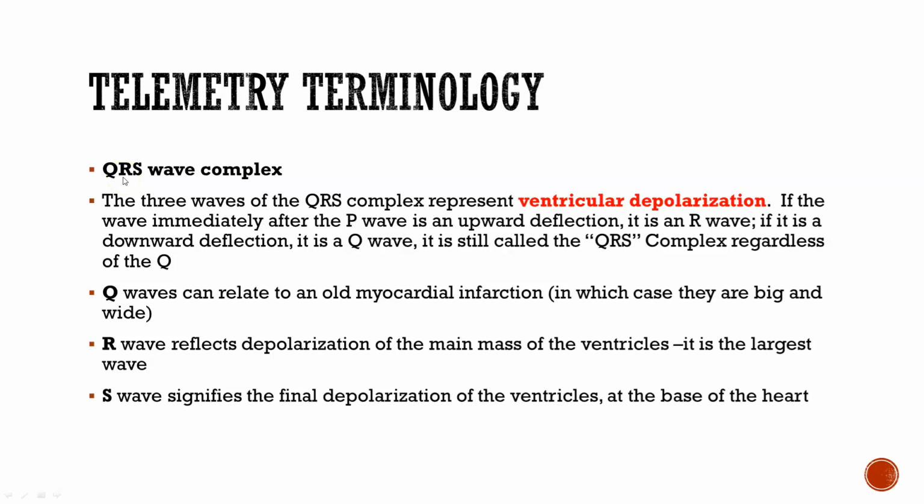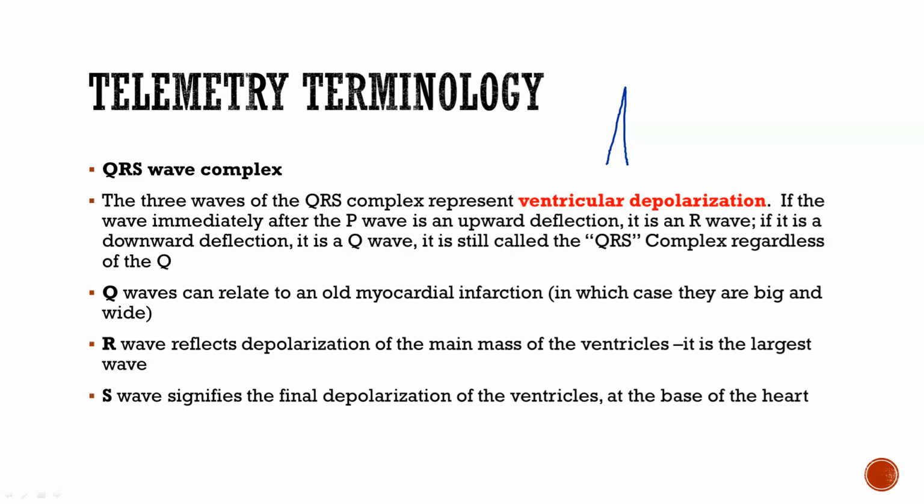The QRS complex is going to be that Q wave, the R, and the S. And it's called the QRS complex regardless of whether or not there is a Q. Most of the time when I draw the QRS complex, I just draw a little V. It's either an upright V or an upside down V. Doesn't matter.